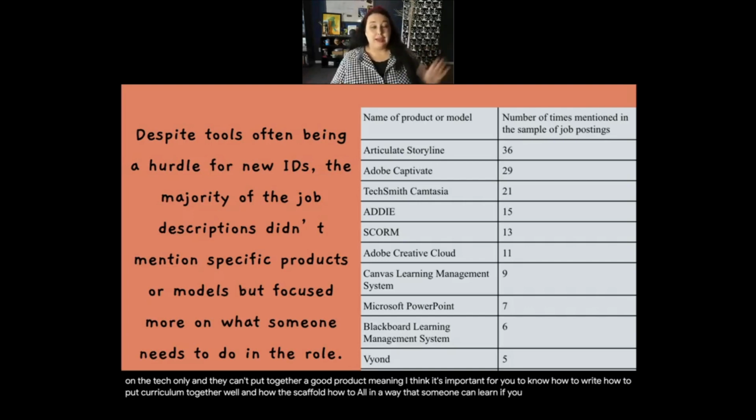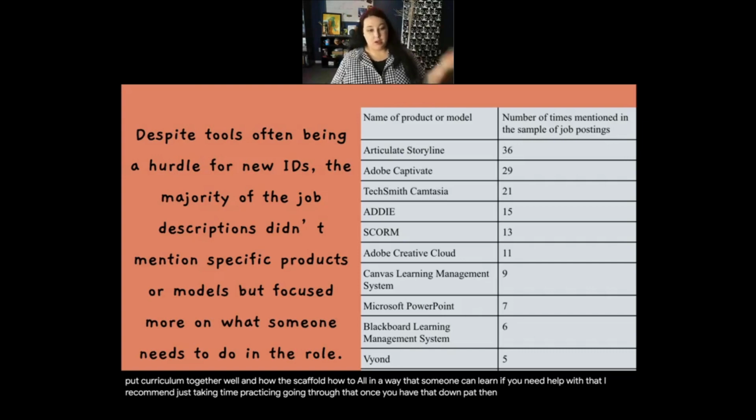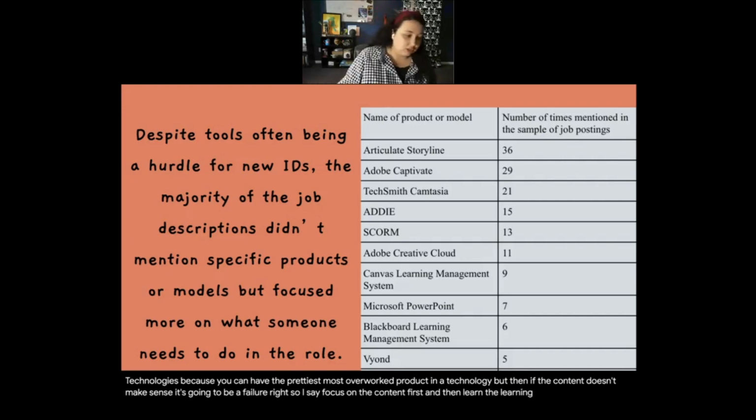If you need help with that, I recommend just taking time, practicing, going through that. Once you have that down pat, then I recommend learning the technologies, because you can have the prettiest, most overworked product in a technology, but if the content doesn't make sense, it's going to be a failure, right? So I say focus on the content first and then learn the learning technologies.